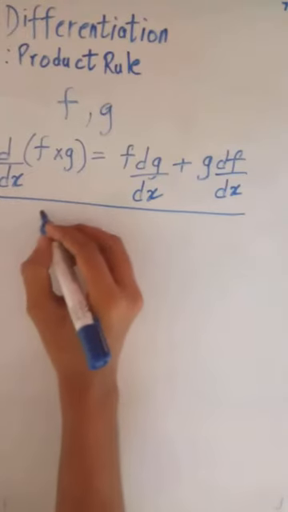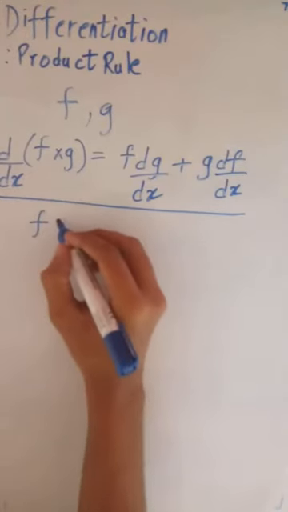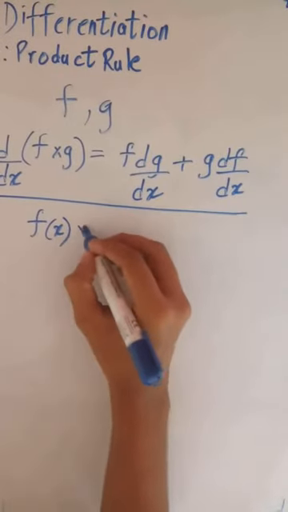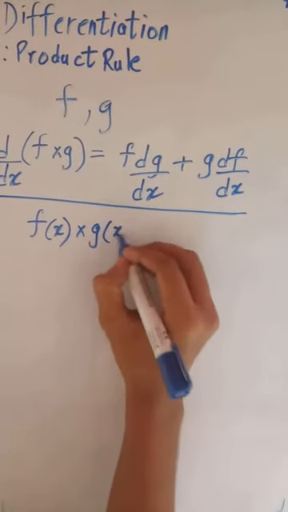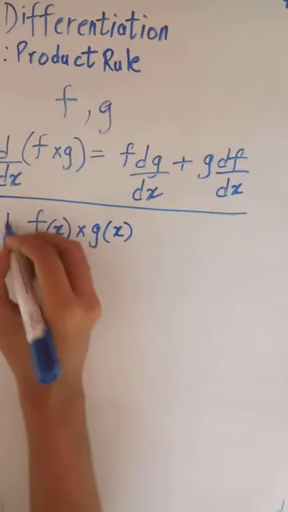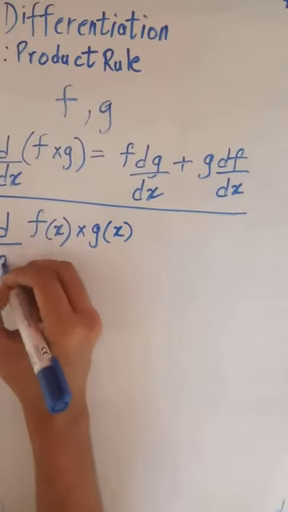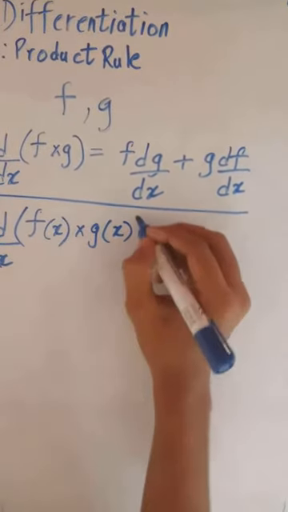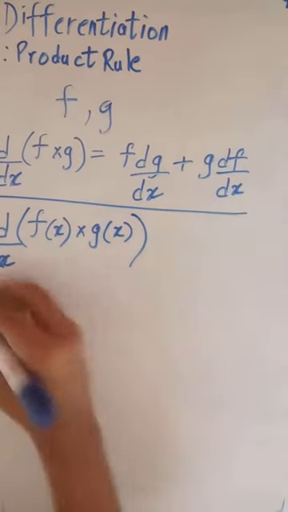So first of all, we have the two functions, f, a function of x, times g, which is also a function of x, and we want to take its derivative. So we want to differentiate it with respect to x, and we want to find a formula for this.